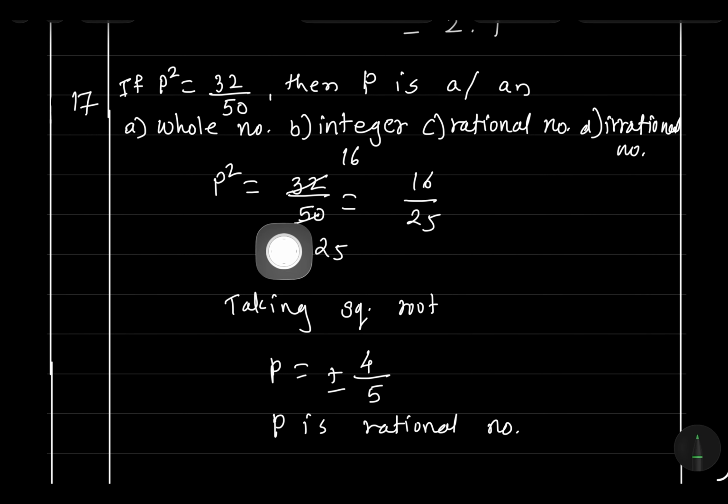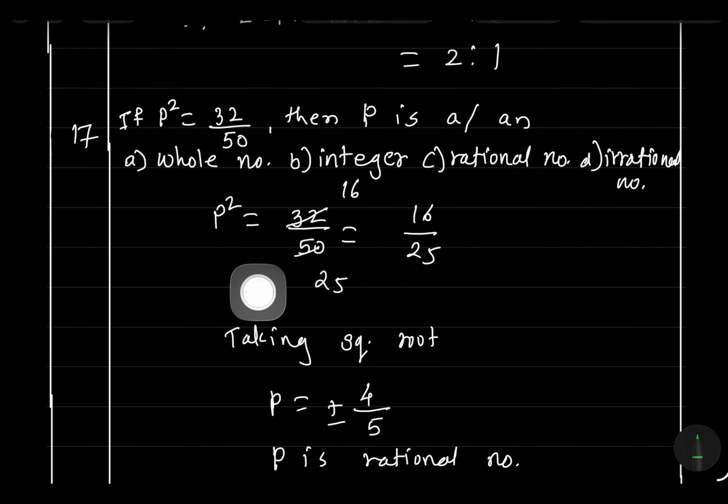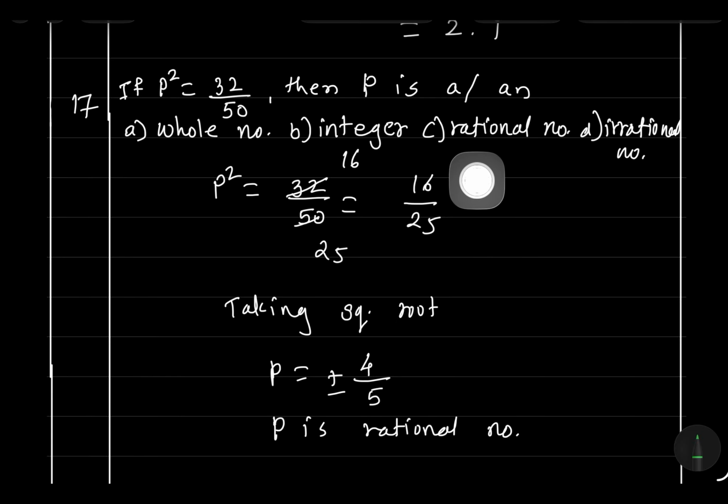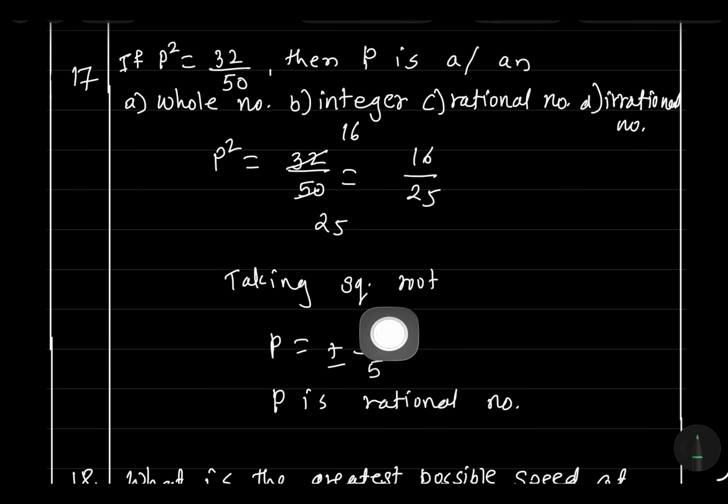Then question 17: P square equals 32 upon 50. Then P is a whole number, integer, rational number or irrational number? What is given? P square equals 32 upon 50. In reduced form, dividing by 2, we get 16 upon 25. Taking the square root, P is the square root of 16 over the square root of 25, which is 4 and 5.